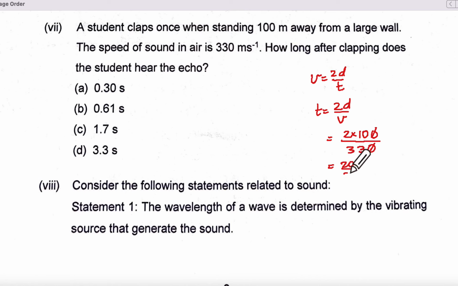So 20 upon 33. That is 0.61. 3 6 is 18, 198.